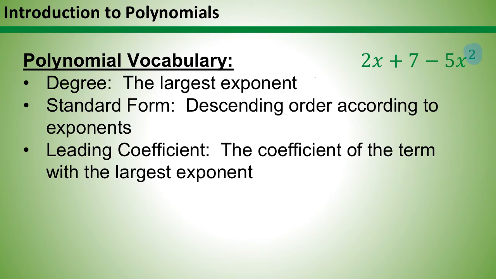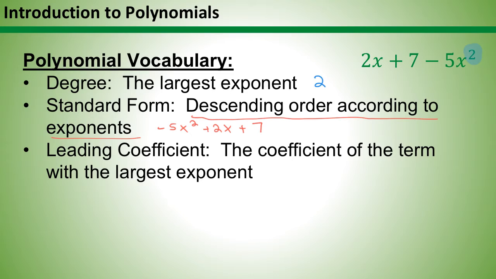So the degree of this thing is actually 2. Standard form means that we're going to write this thing in descending order according to the exponent. So I want the biggest exponent first. So negative 5x squared goes first, plus 2x will go second, plus 7 will go third.